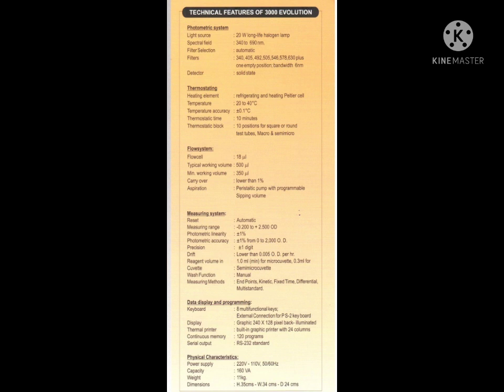Flow cell volume is 18 microliter, and typical working volume is 500 microliter, and minimum working volume you have to maintain is 350 microliter. And carryover of the sample is lower than 1%. Aspiration is done by peristaltic pump with programmable sipping volume. These are almost common with other analyzers also.